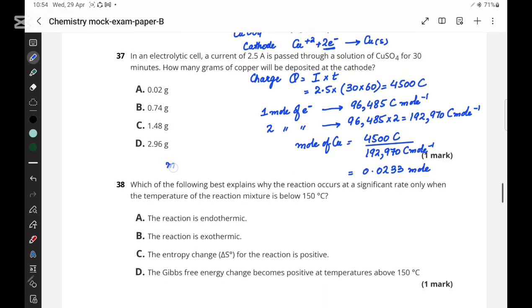And for finding the mass, mass is equal to mole times Mr. Mole is 0.0233, Mr is going to be 63.55, and the answer comes out to be 1.48 gram. So our answer is C.